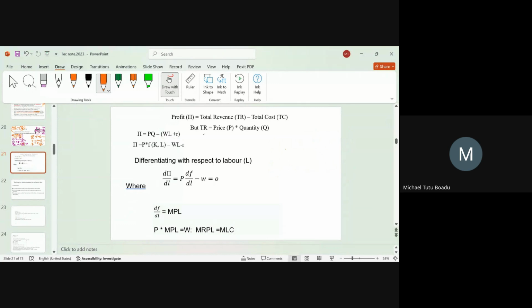So if you expand this bracket, negative WL and negative RK. R represents rent or interest. That is the reward for capital. The reward for capital is rent. And the reward for labor is wage.